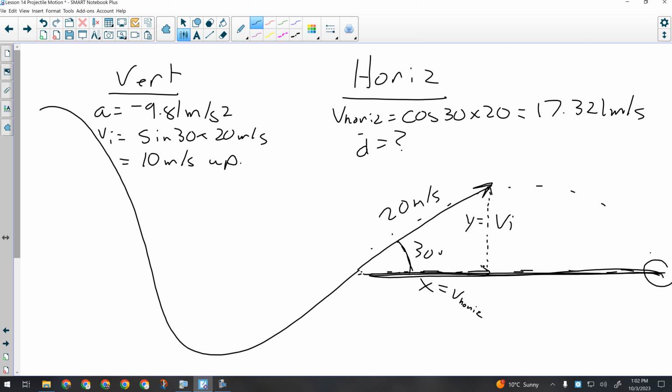So I need to calculate the horizontal distance. What am I missing? Time. All right, so I can't get my time from my horizontal information. I only have one piece of horizontal information. Vertically, I've got A and VI.